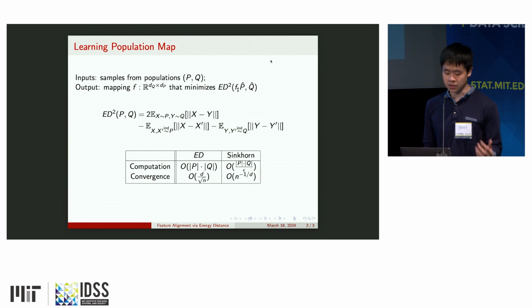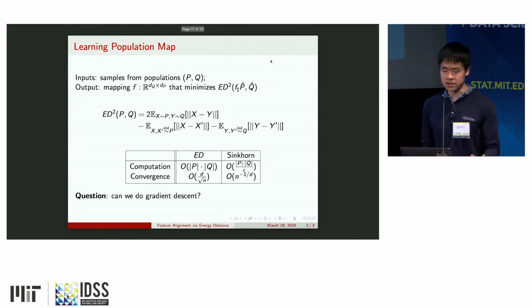The other thing is the convergence. Let's say we have high dimensional data, say the dimension is d. Then for energy distance, if you have n samples, the convergence can be something like 1 over square root n. Whereas for optimal transport, it will take n to the power of negative 1 over d, which is a lot slower.